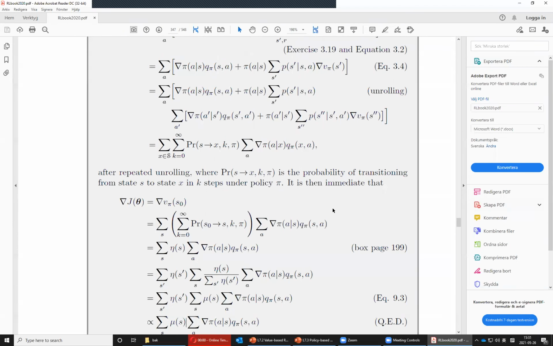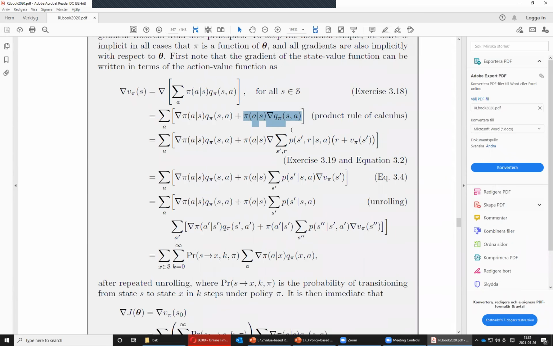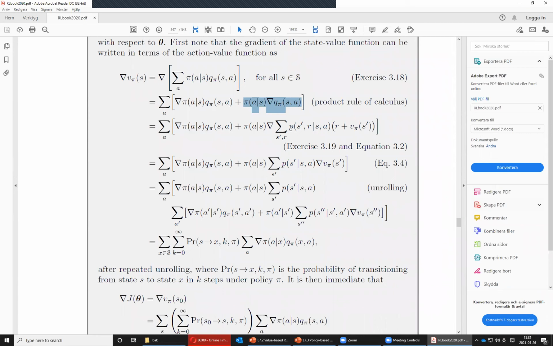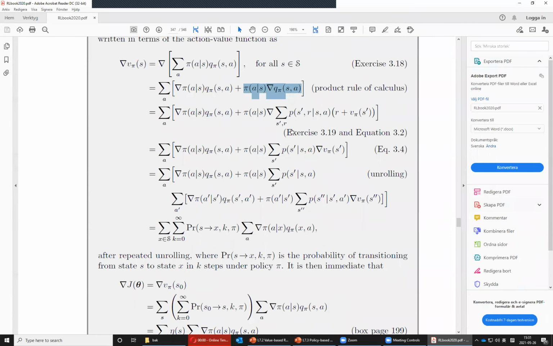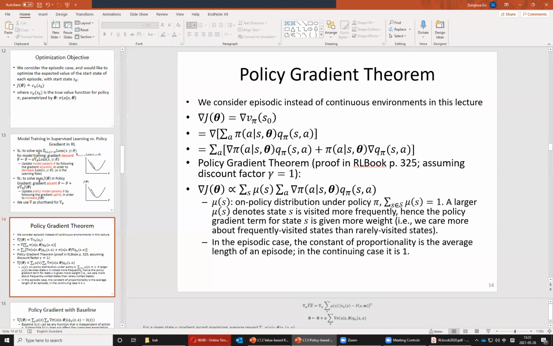The second term on the right, this guy, is not thrown away, it's just expressed in a different form by expanding it infinitely many times. It gets folded into the state visitation frequency, the mu term. But anyway, you don't have to know this proof. It's just to show you that I did not really play a dirty trick. So this is indeed a correct formula.